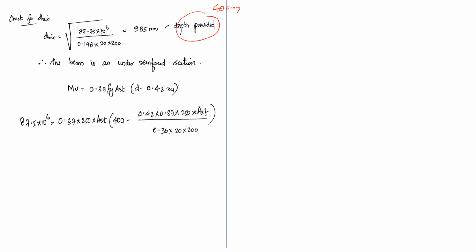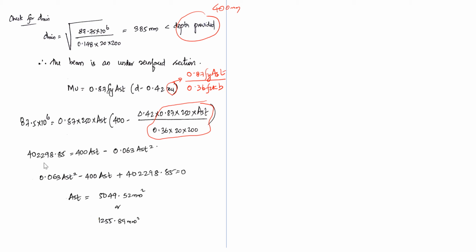Equating tension to compression, I could write Xu is equal to 0.87 Fy AST divided by 0.36 fck b. So I have substituted this value, and you'll get the equation in this form.